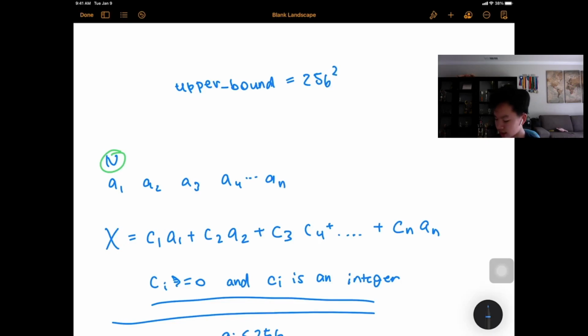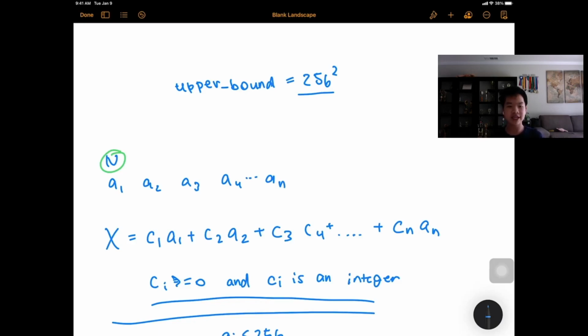Right now, let's consider that we have to take at least two distinct numbers. If we take at least two distinct numbers, then our upper bound again would be this. This is because if we take exactly two numbers, then our upper bound would be this. It's shown in the proof, and it's actually pretty complicated.